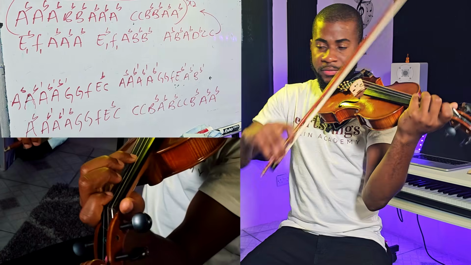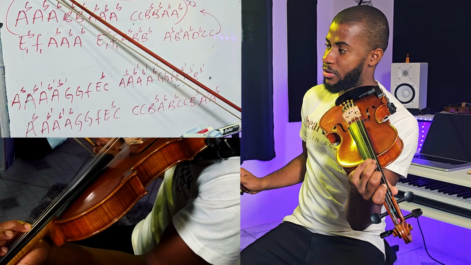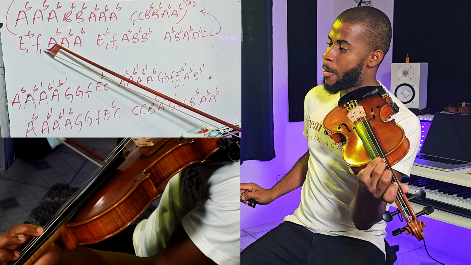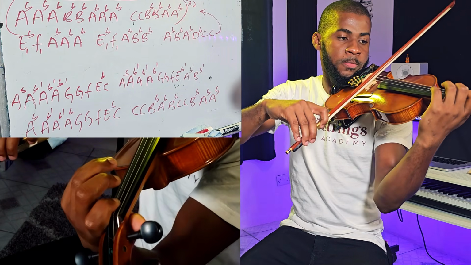And the next line, so you see that E flat with comma, that's going to be the E flat on the lower side. This is first finger at the tip of the D string. That F will be second finger, lower second finger on the D string. So it's going to go.